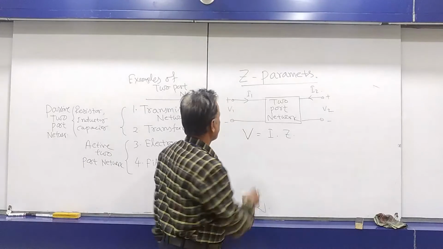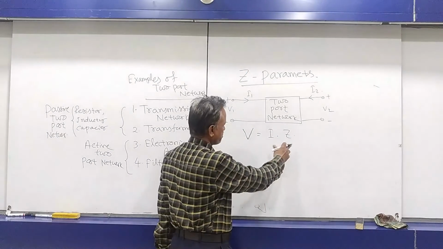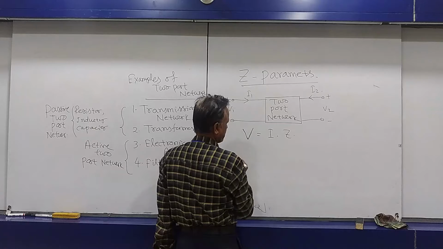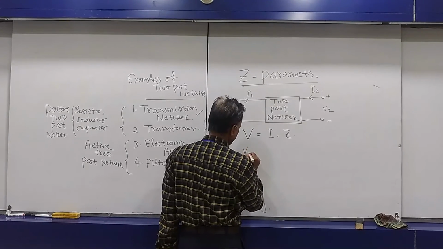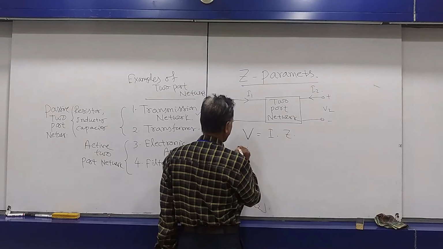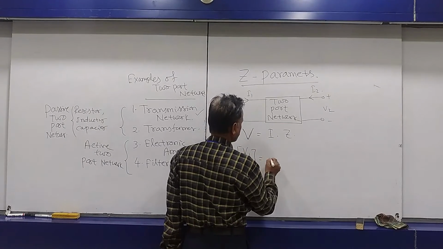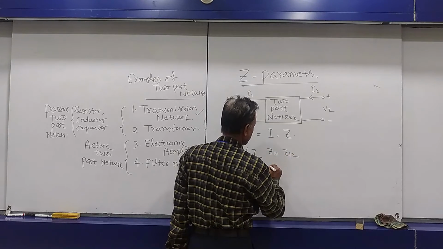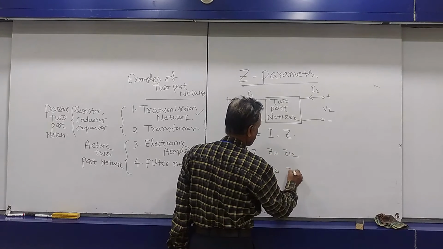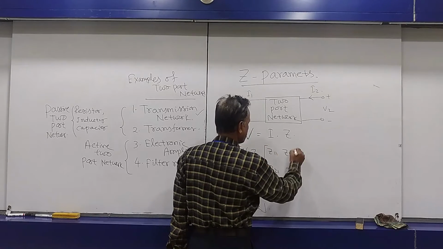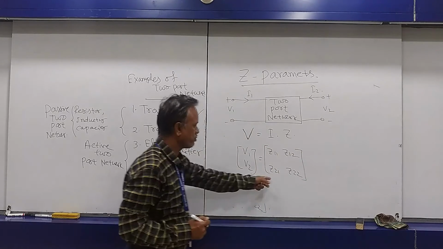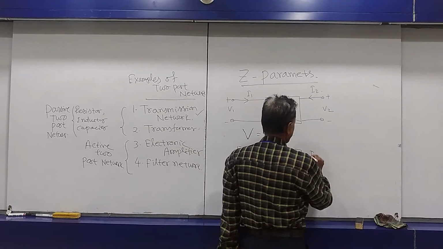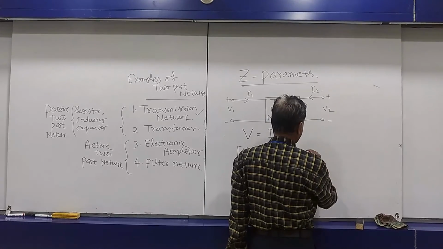Yes, V is equal to IZ. That is, I can write the matrix form: V1, V2 is equal to the Z parameters, that is Z11, Z12, Z21, Z22, in this way it is written. So Z parameters multiplied by your current matrix.